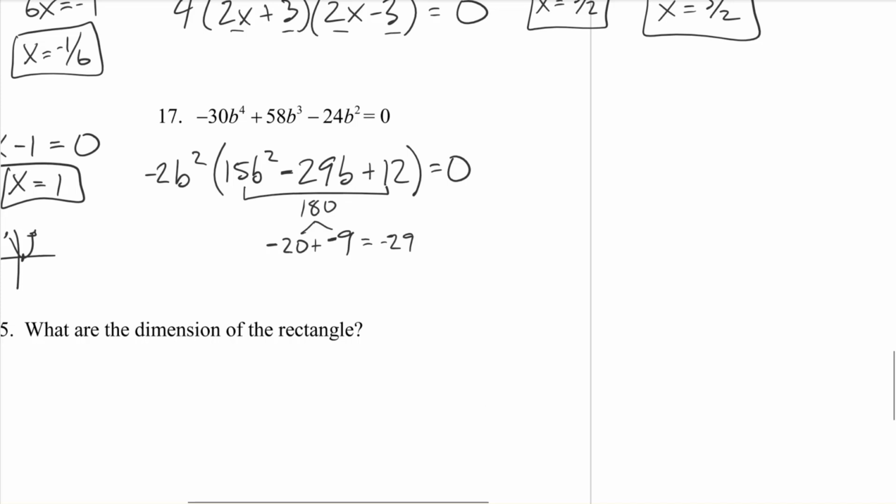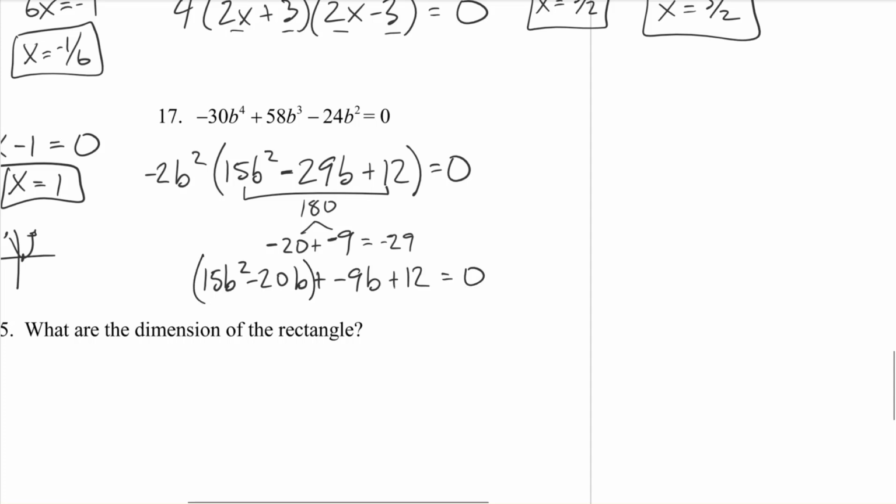That adds to 29 and multiplies to make 180. So now I'm going to say 15b squared minus 20b minus, and I'm going to write a plus a minus, and I normally don't do that, but it'll make it so that I have a plus sign in between my 2 parentheses here in a second, and bring down the 12, and that equals 0.